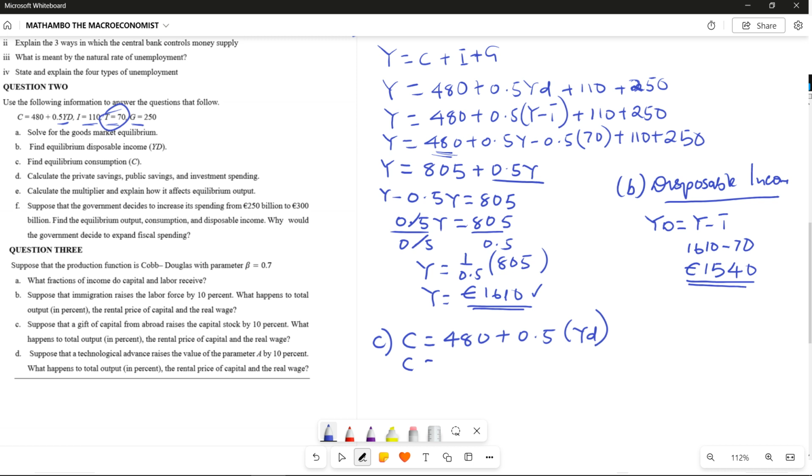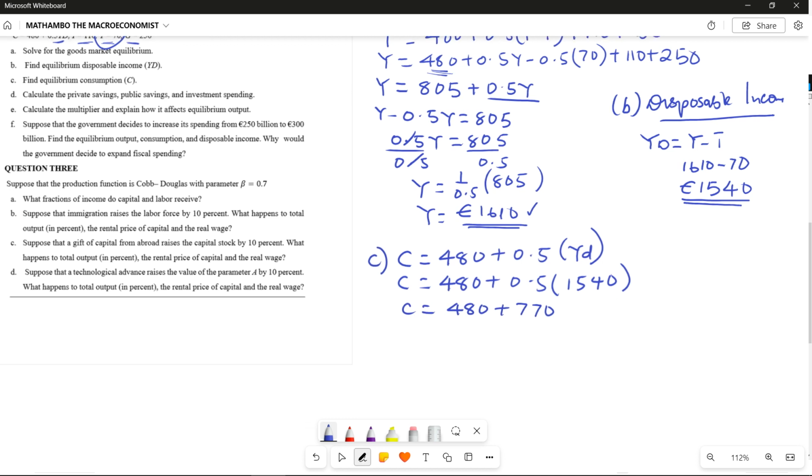So our C is going to be 480 plus 50% of the disposable income we just calculated, the 1540. So 50% of 1540 is 770, meaning that our consumption is the sum of the two.